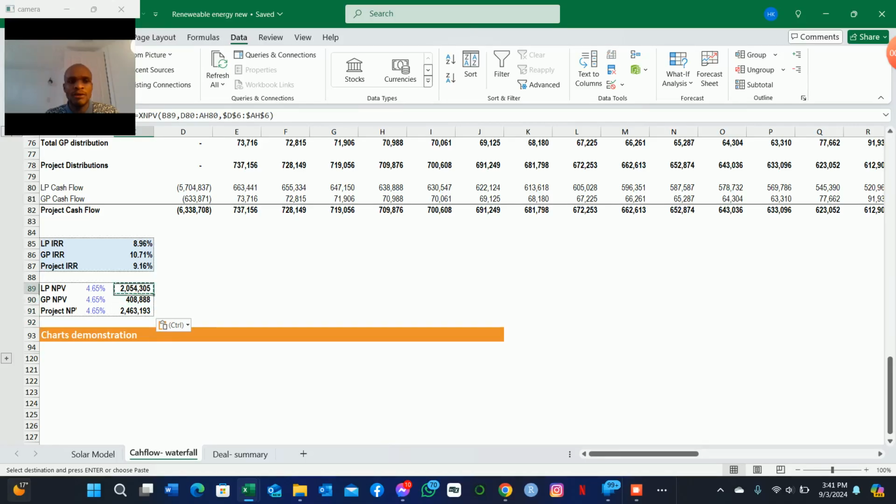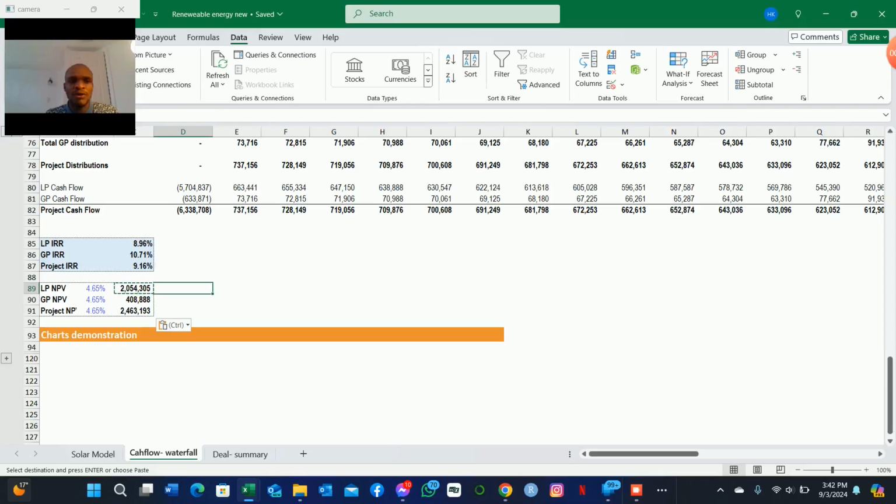And also we have the LPs with a net present value of approximately $2 million. The future cash flows of these LPs were discounted from 2049 heavily back to this commercial operation date.